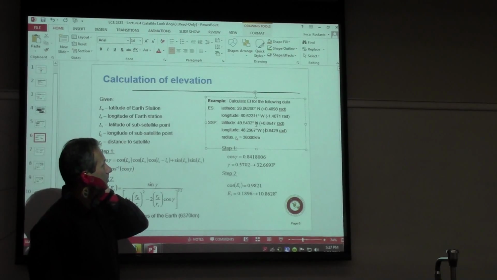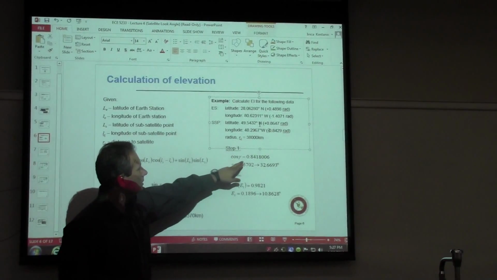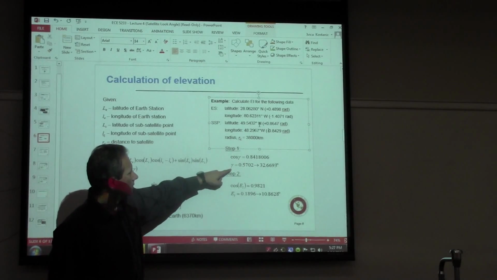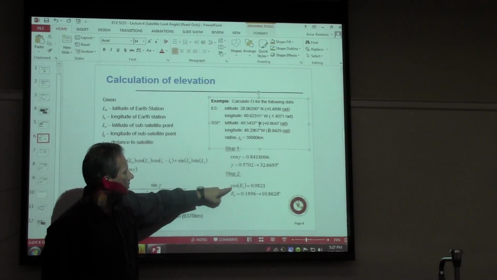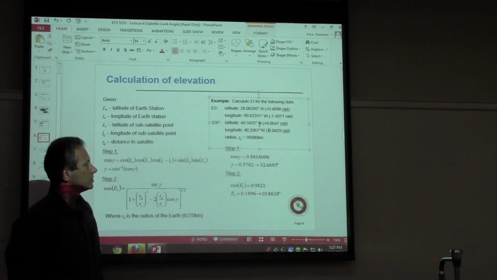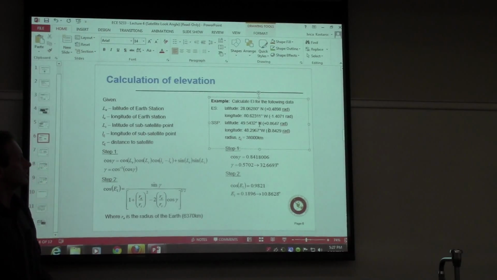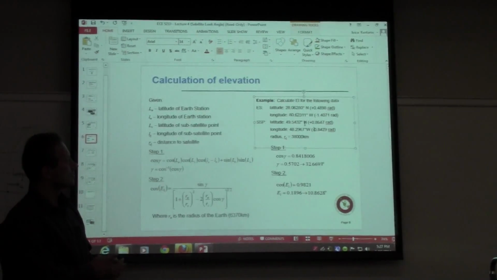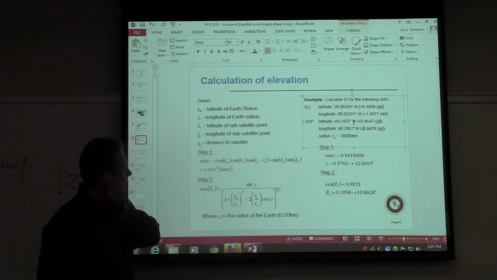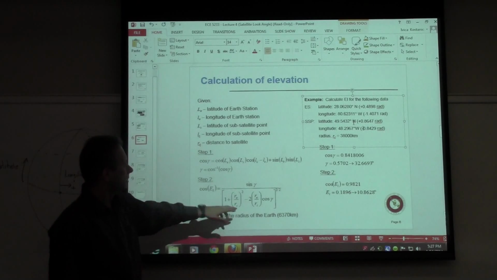So I'm rounding the number. And in step one, you calculate the cosine of this angle using this formula. You get your gamma, and then you get the cosine of the elevation to be this, and then you calculate the elevation to be 10 degrees. So that's how you would calculate it, just following these two equations.